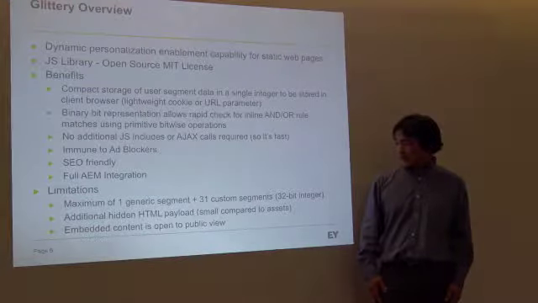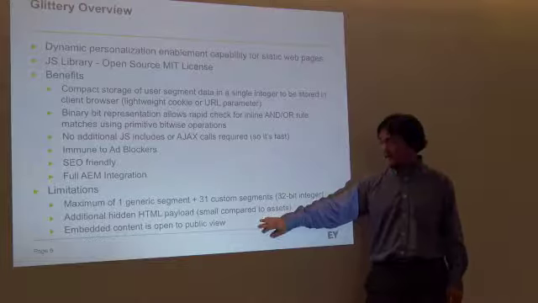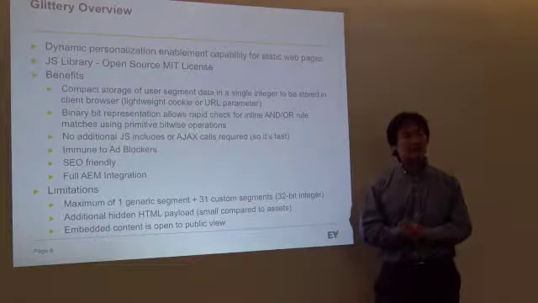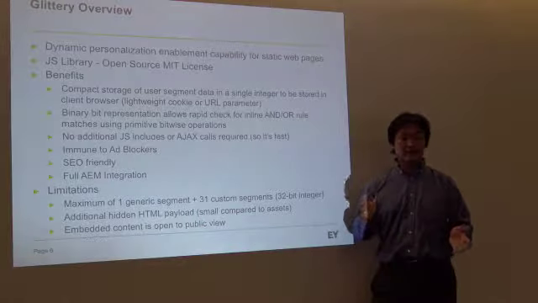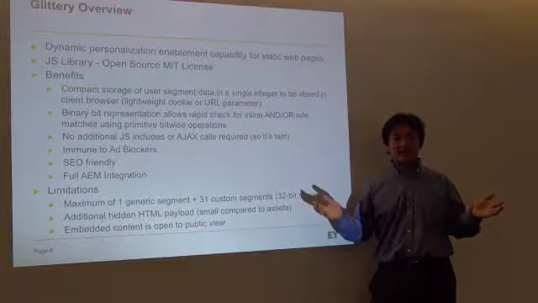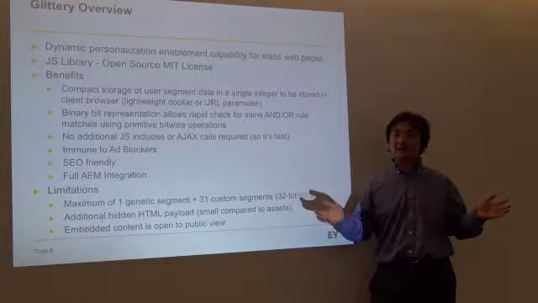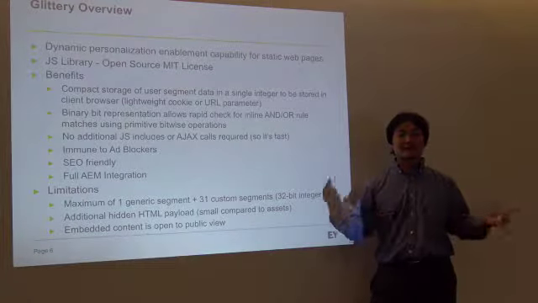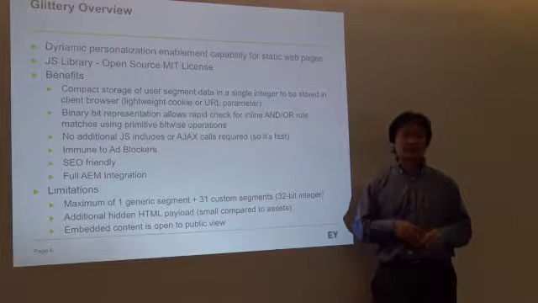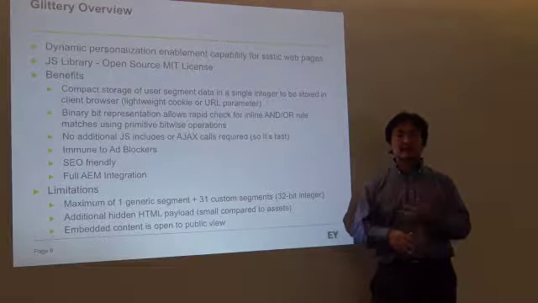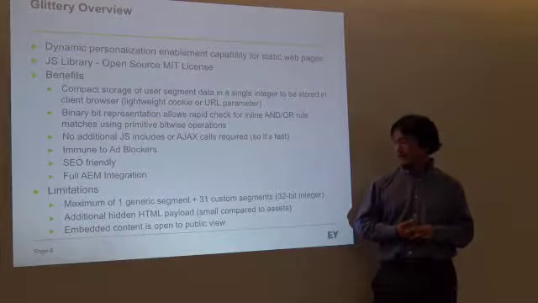There's additional HTML payload that's hidden in the page, so there's a small increase in page size. We're talking about something like 30 kilobytes, not a megabyte, nowhere near the size of images. And that totally depends on how much customization and variation you might want to support on that page.